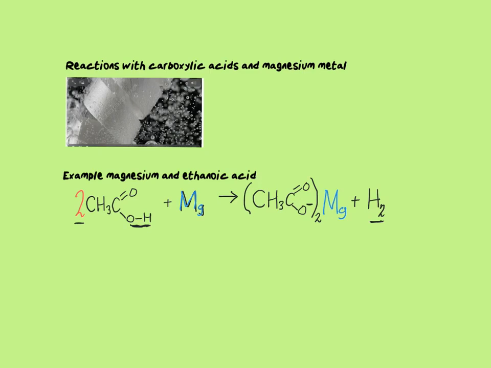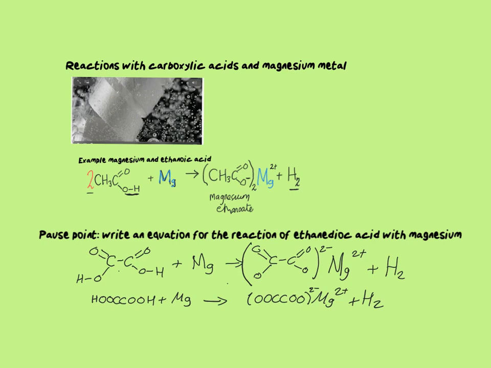Magnesium, when it loses electrons, loses 2 electrons to form 2+ ions, and the charge is cancelled out by the fact that the ethanoate ion has 1 negative charge. The resulting compound is magnesium ethanoate.